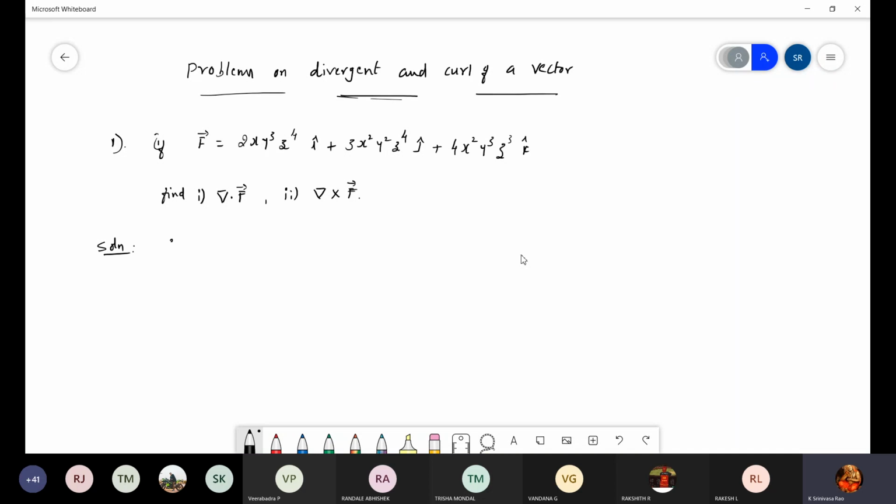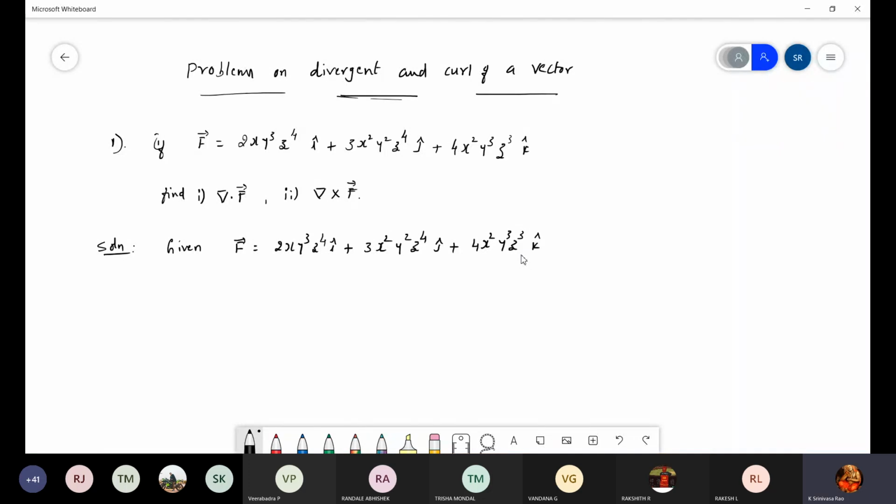Now the solution. First, consider the vector given: F equals 2xy cube z power 4 i cap plus 3x square y square z power 4 j cap plus 4x square y cube z cube k cap.